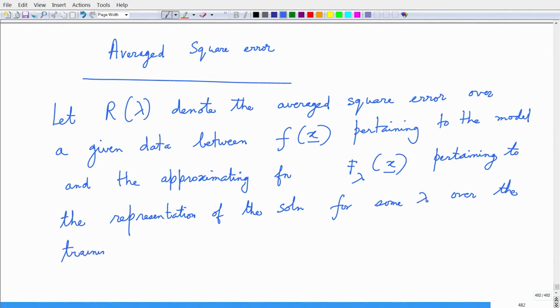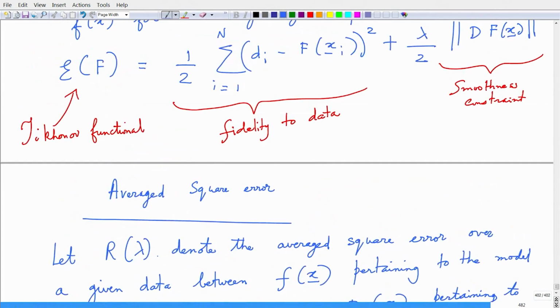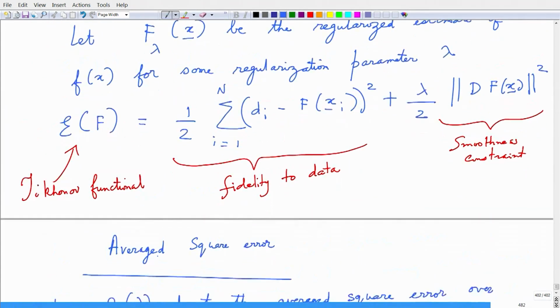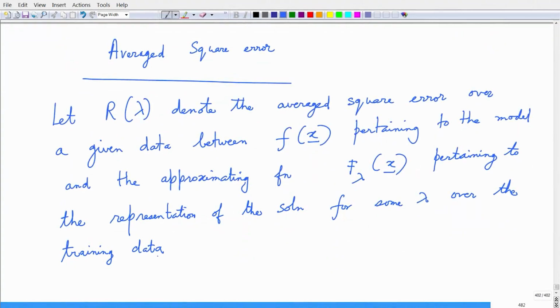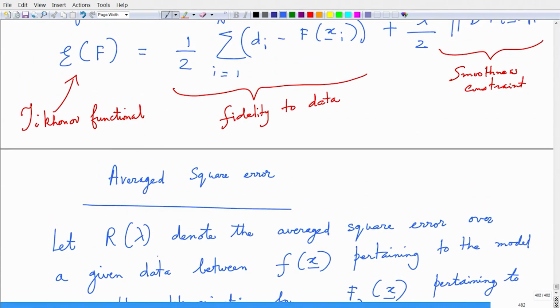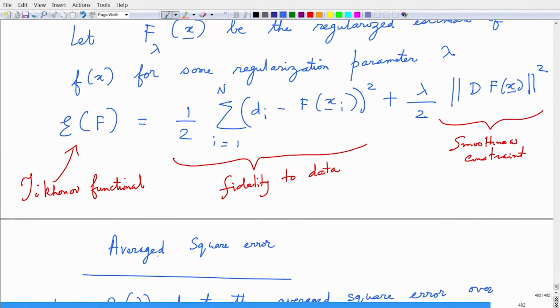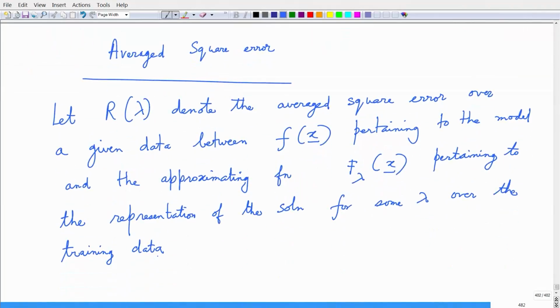So, the only change I have between this setup and the setup I had during the regression basics is the inclusion of this regularization term, and that is the reason why I want to bring in this parameter lambda here in the subscript.